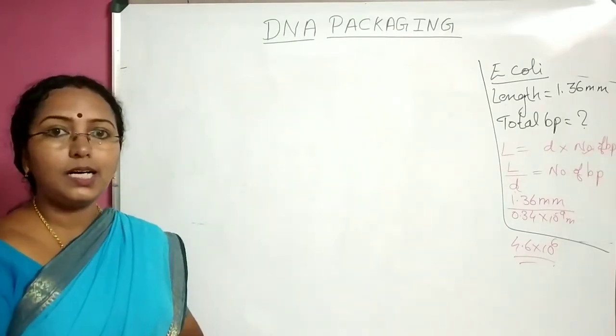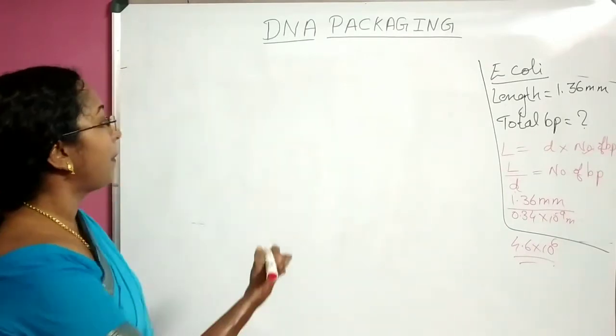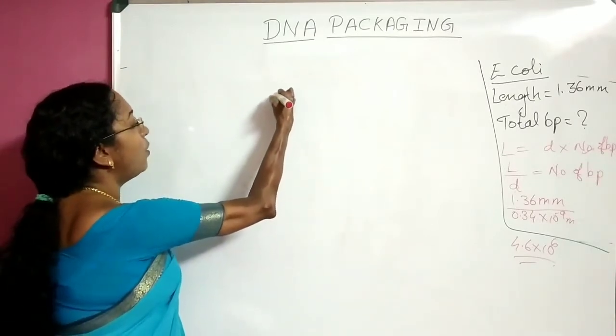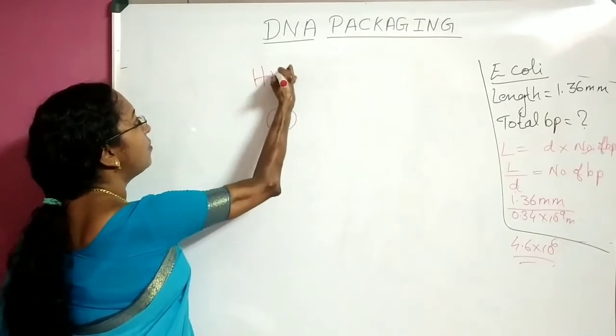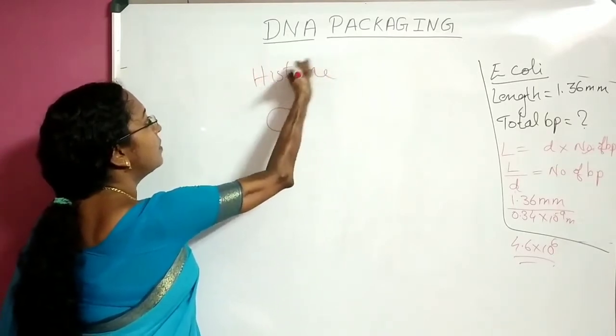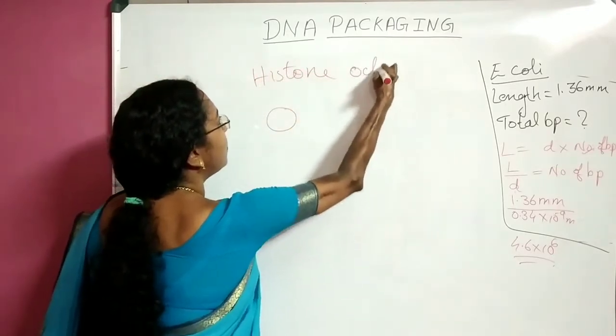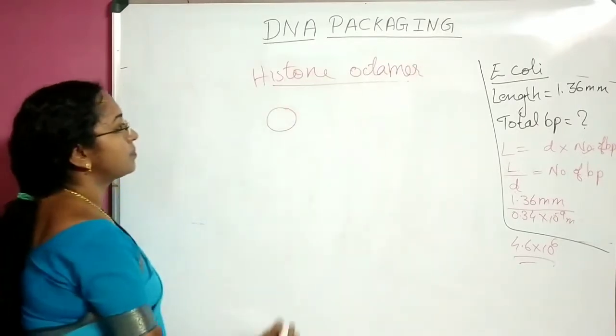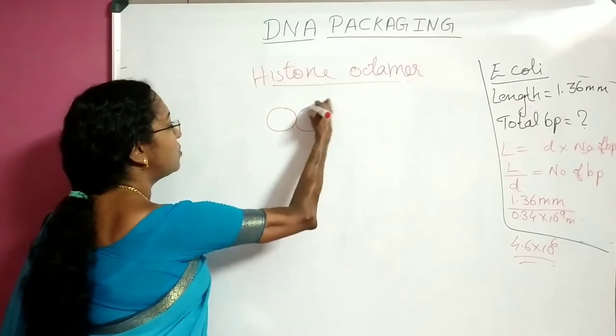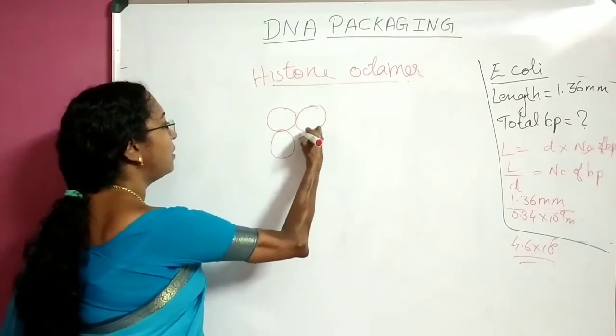The positively charged histone proteins form an octamer. That means they are going to form a histone octamer. 1, 2, 3, 4.